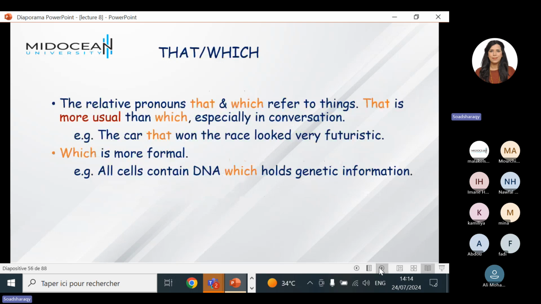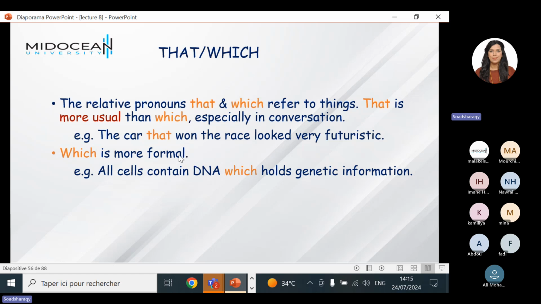That or which. The relative pronouns that and which refer to things. That is more usual than which, especially in conversation. Example: the car that won the race looked very futuristic. So here we're referring to the car, which is an object.